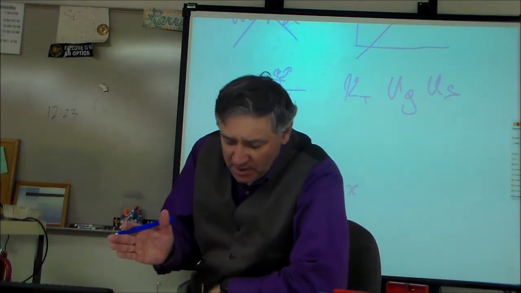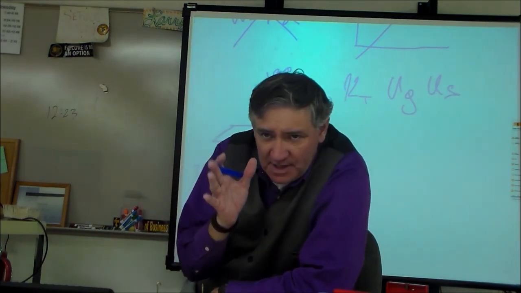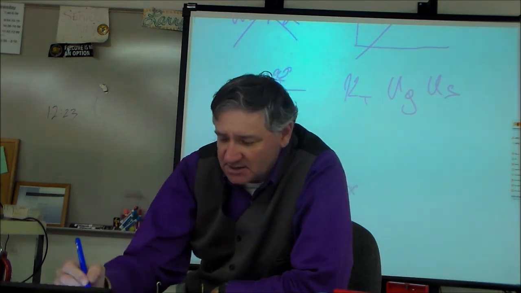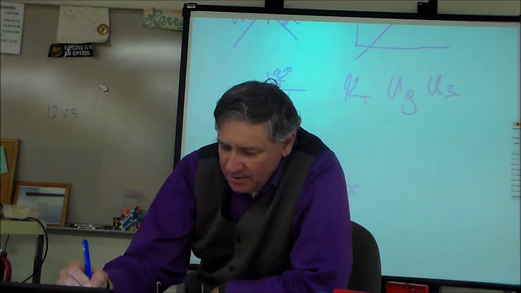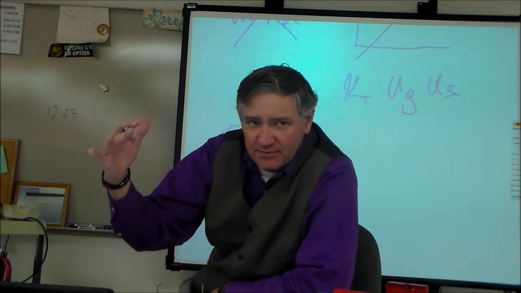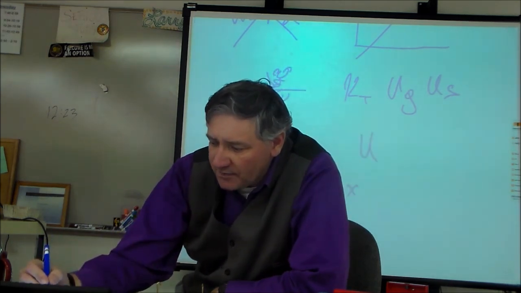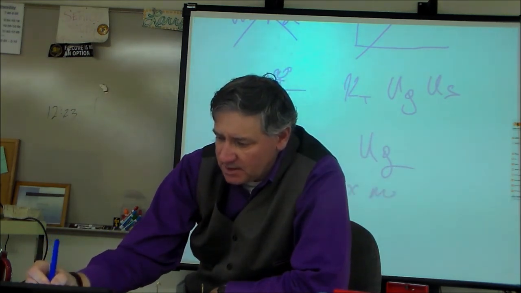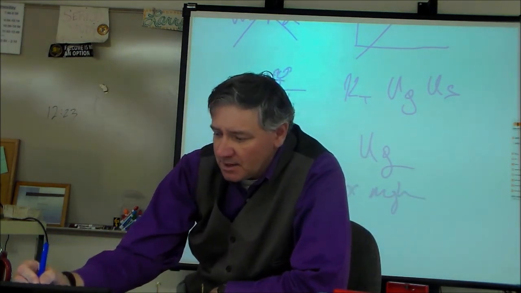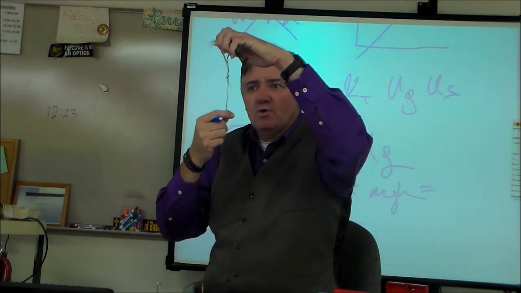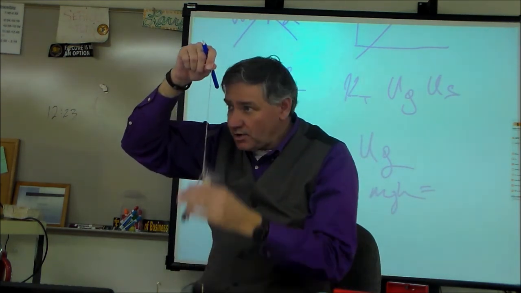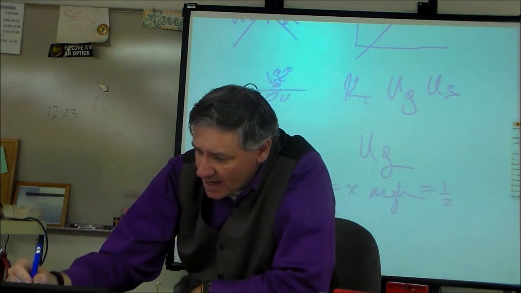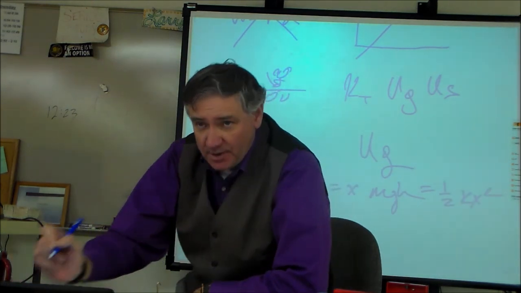So the first thing you want to do is find the value of K. Reverse the process. Imagine that you're down here and you're going to be lifted up to a height of 31 meters. That's going to create a lot of UG, right? So that UG is going to be mgh. Now, that has to equal the energy that you store in stretching the spring, which is 1/2 kx squared.